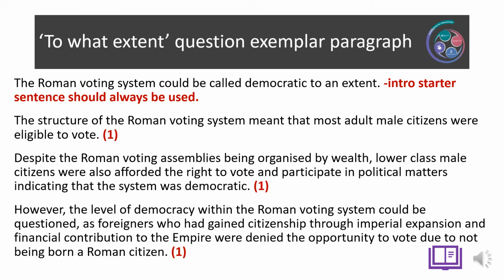However, the level of democracy within the Roman voting system could be questioned, as foreigners who had gained citizenship through imperial expansion and financial contribution to the empire were denied the opportunity to vote due to not being born a Roman citizen. You have effectively employed the 3-point structure for this paragraph and have achieved 3 marks.